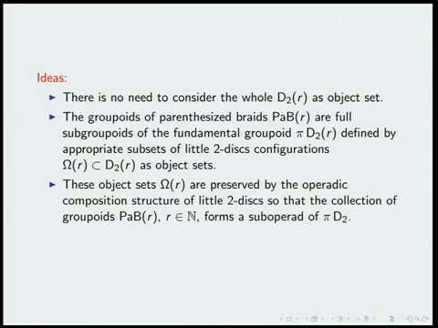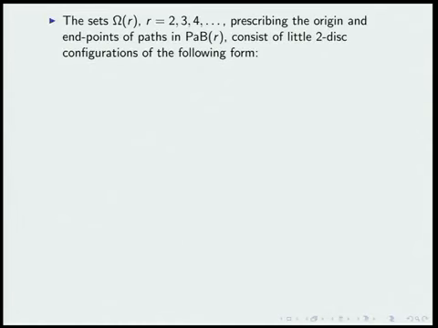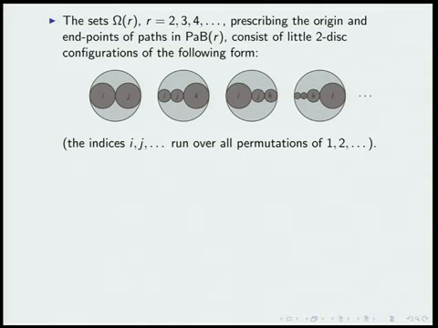I'm going to give a picture. Actually, I'll use a bit more than just preserved by the operadic composition structure. You will see. The best first is to give the picture of a configuration that I'm considering. I'm considering configurations of this form. So this one is arity 2, this arity 3, and arity 4. I have such configurations.